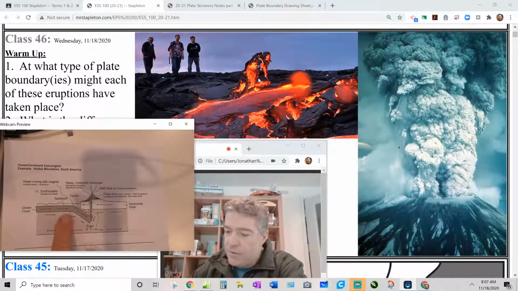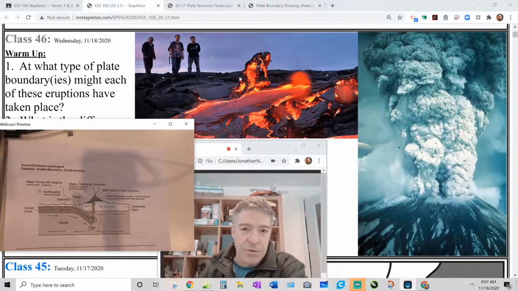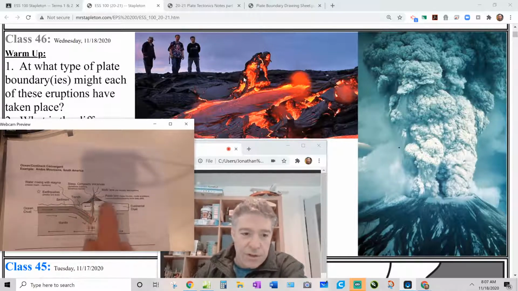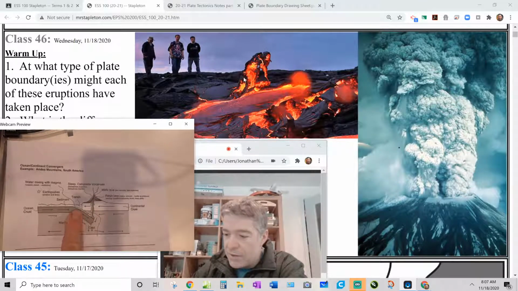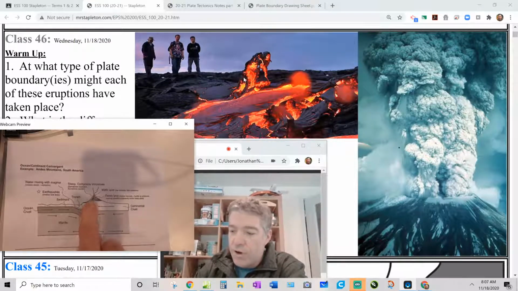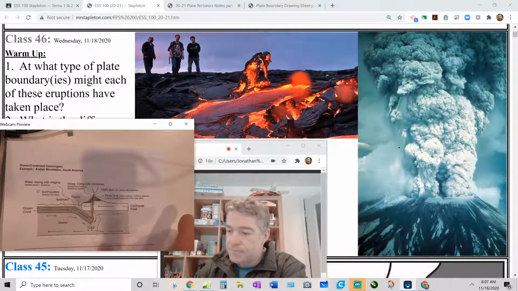So this dark stuff that's going on here and melting, that's what we see in the picture where the people are standing there. So sometimes this volcano is going to erupt like that. So it could be like the top left one. But then this light colored stuff, that seafloor sediment, that's the felsic stuff that doesn't really ever flow. It just builds up pressure and then explodes into ash. That's what we see on the right. So this kind of volcano could be either one of those eruptions.